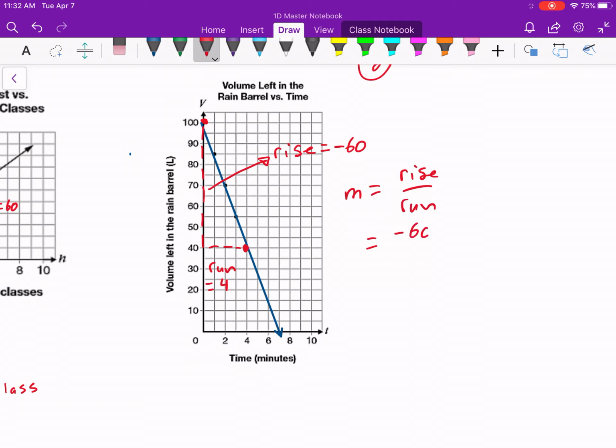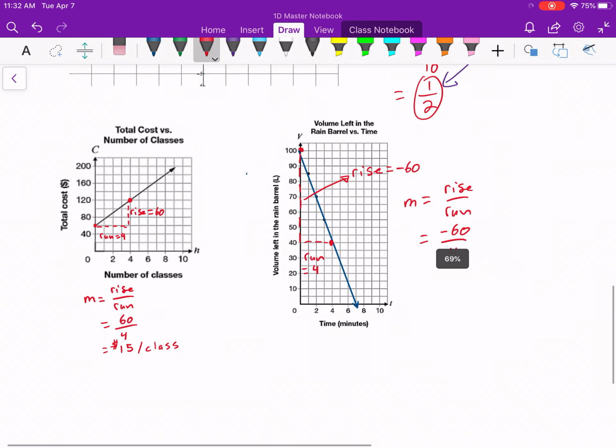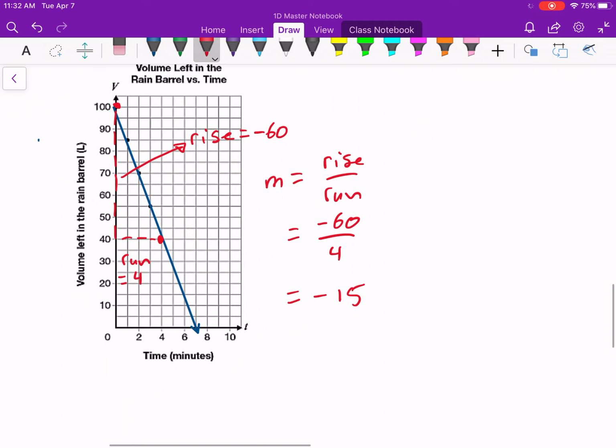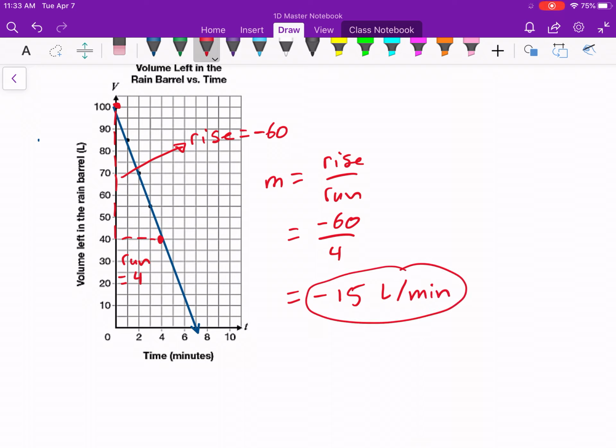So, negative 60 over 4. Which gives negative 15. And again, there are units, but this time it's not dollars and classes, it's liters per minute. So, how do I interpret that? That means the water's flowing out of this barrel at a rate of 15 liters per minute.